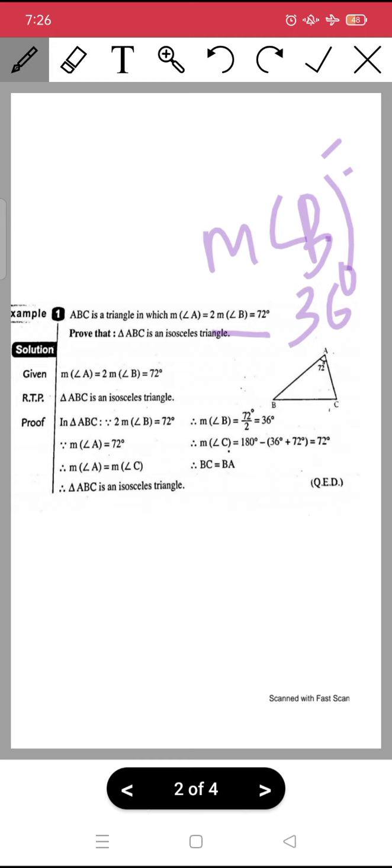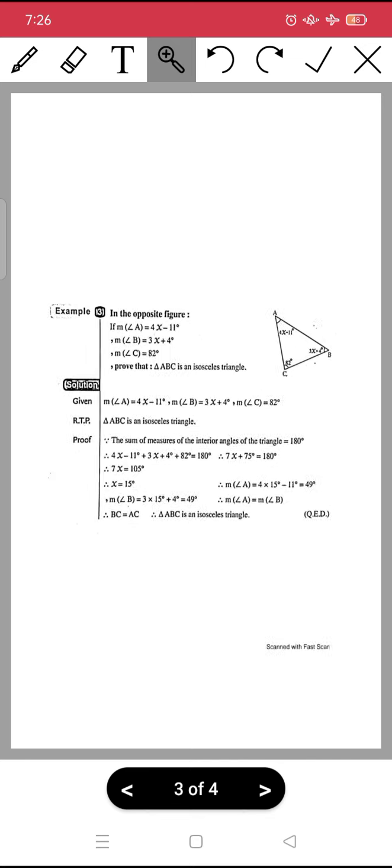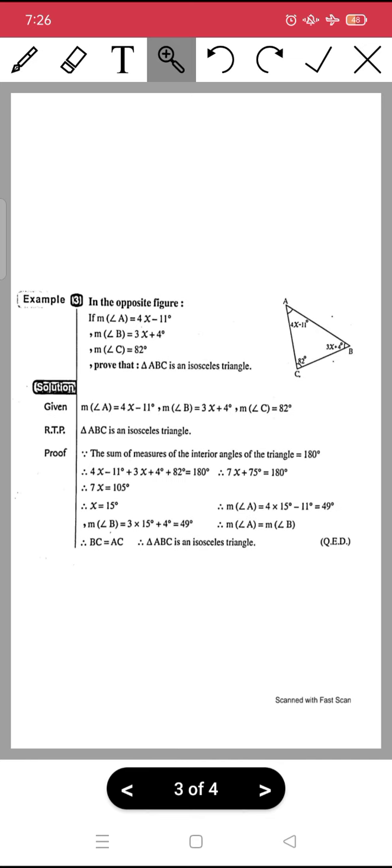In triangle ABC, since double measure angle B equals 72, therefore measure angle B equals 72 divided by 2, 36 degrees. Now you can find the third angle, which is C: 180 minus 36 minus 72 will be 72. So therefore measure angle A equals measure angle C. Therefore BC equals BA, and this triangle is an isosceles triangle. It is very easy.